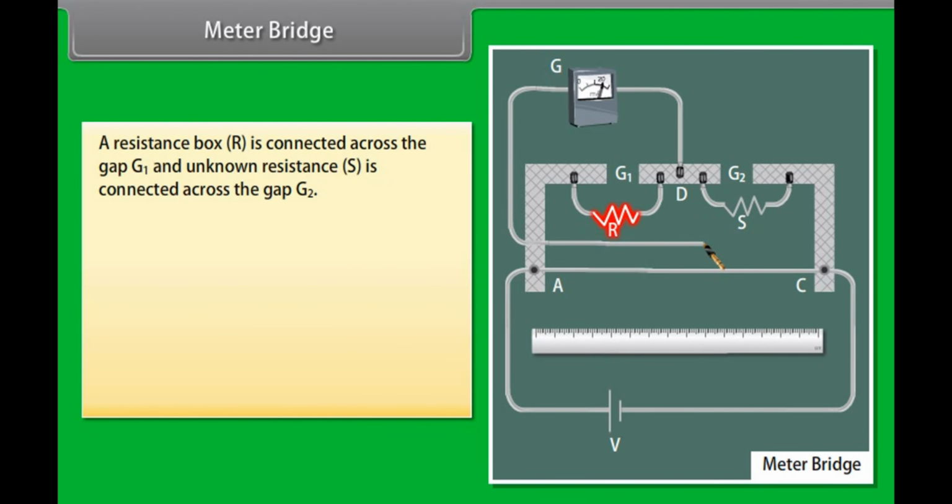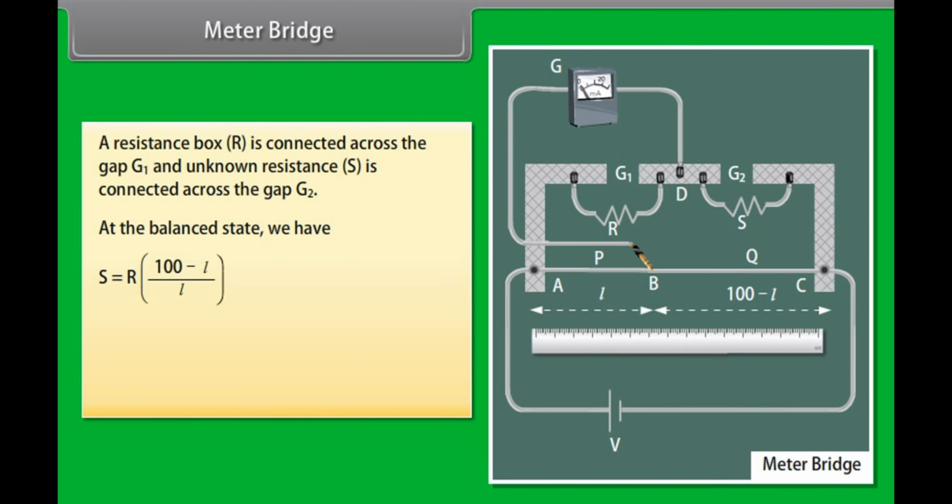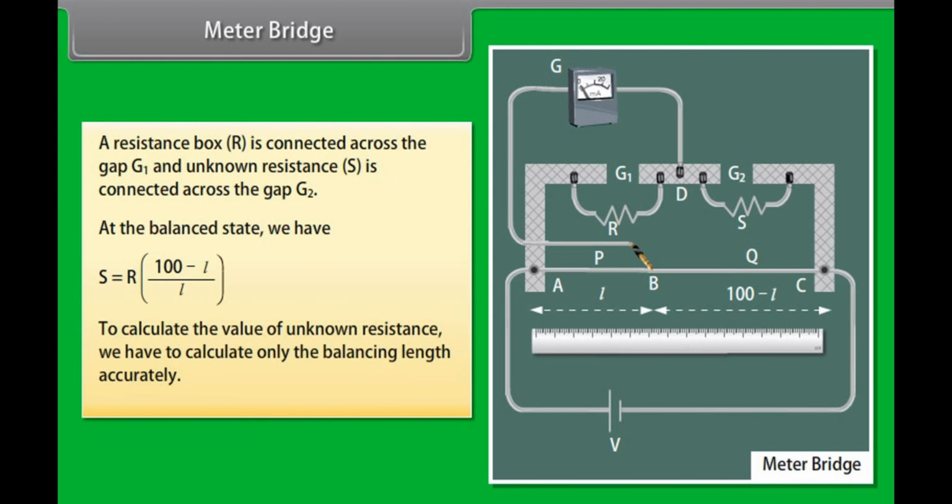A resistance box is connected across the gap G1 and unknown resistance is connected across the gap G2. At the balanced state, we have S is equal to R times (100 minus L) upon L. To calculate the value of unknown resistance, we have to calculate only the balancing length accurately.